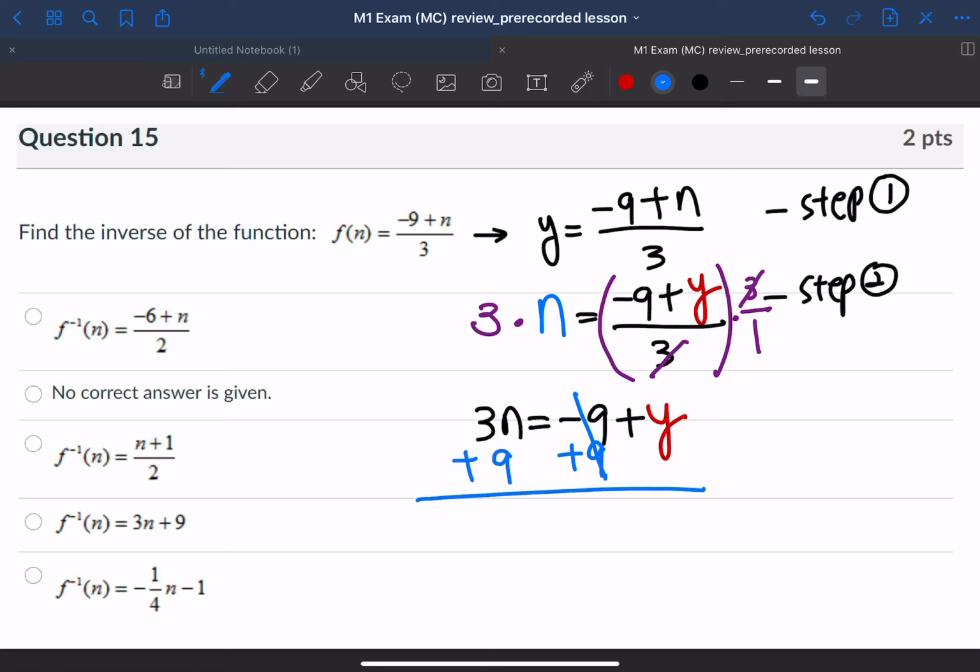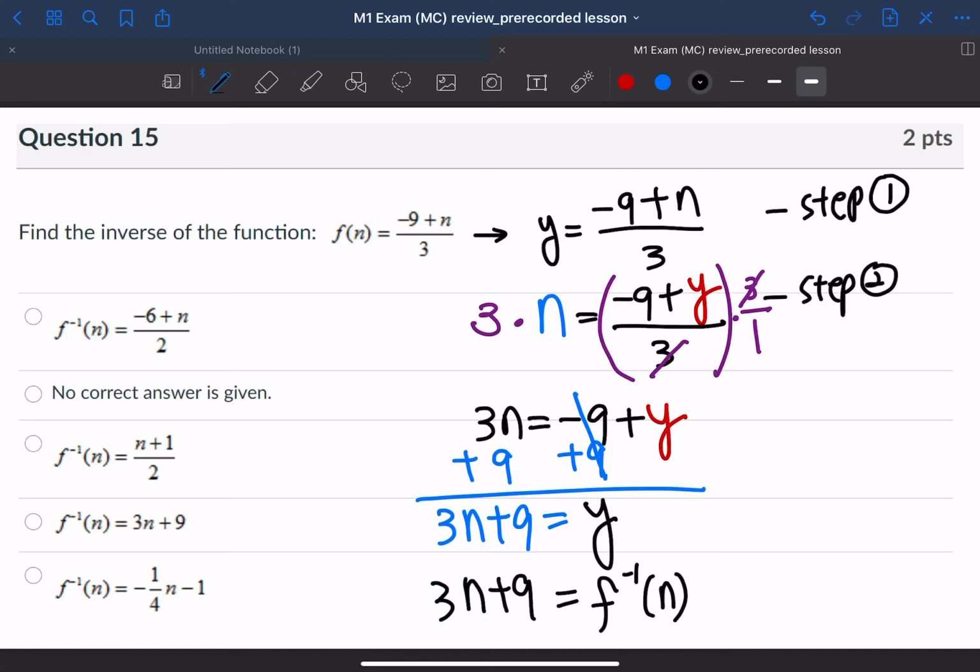So this cancels. You have 3n plus 9 equals y. What was our step 4? We are replacing y with the inverse notation. So it'll be f inverse of n equals 3n plus 9. Okay, so that's it.